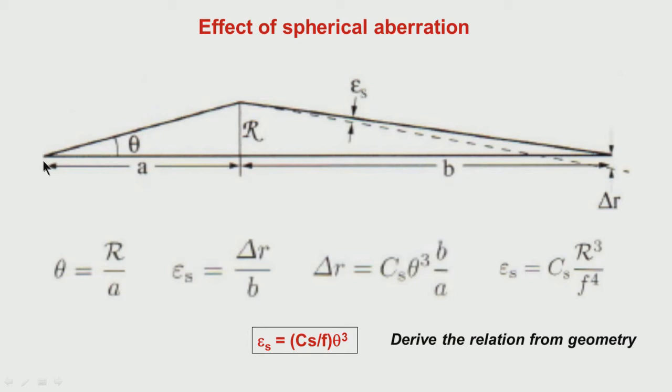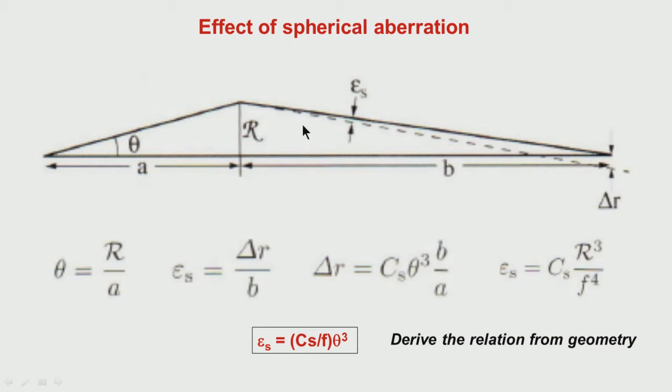Here, this is a point on an object, for which the ray travelling very close to the optic axis is focused at this point at the back focal plane, the image plane, and the ray travelling farther away, assumed to be the one coming to the end of the lens, satisfying Snell's law, will be focused to a particular point here. So, for a point object, we now have a spread, which we call delta R.